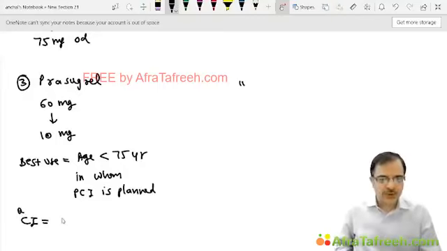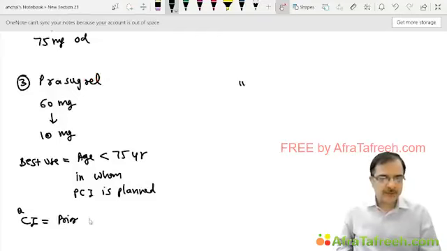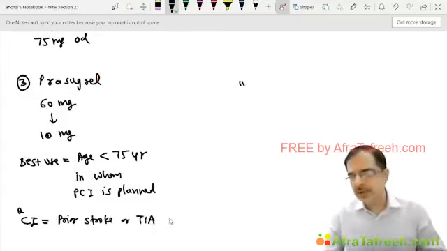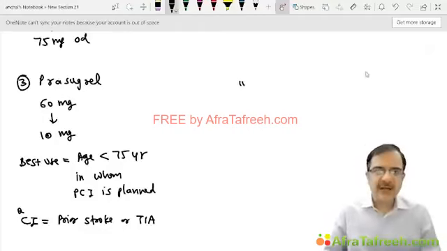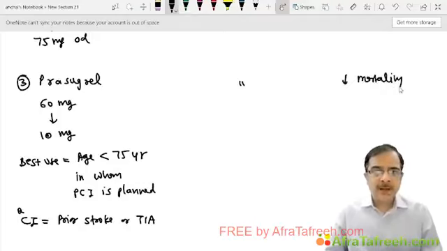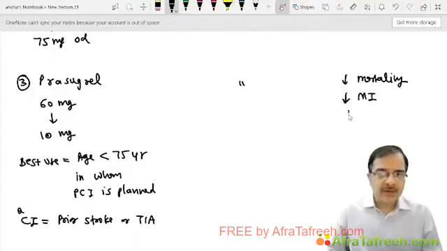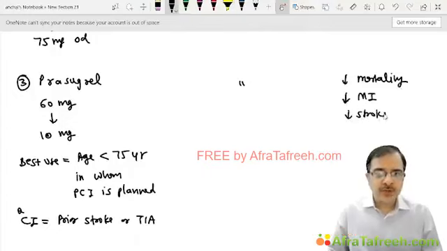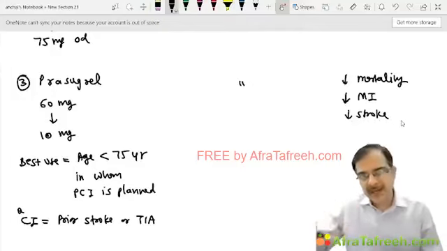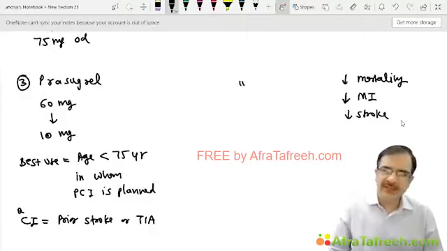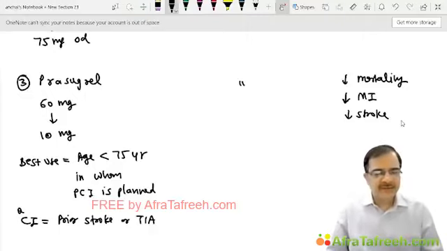Contraindication, and this is a NEET SS question also: prior stroke or transient ischemic attack. If there is such a history, do not give prasugrel. What is the benefit? It decreases cardiovascular mortality, conversion into myocardial infarction, and decreases stroke. The benefit is the same as clopidogrel.